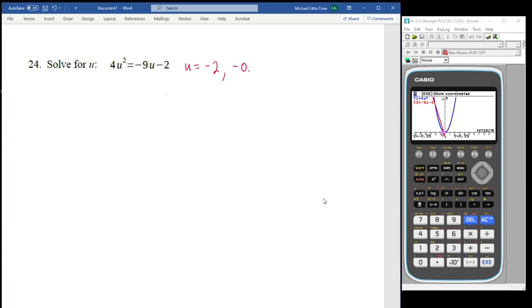-0.25. Now, Alex may not like this because it may want a fraction, and hopefully you can recognize that 0.25 is 1/4. So we might need to put it in as -1/4. So -2 and -1/4 are the answers we get.